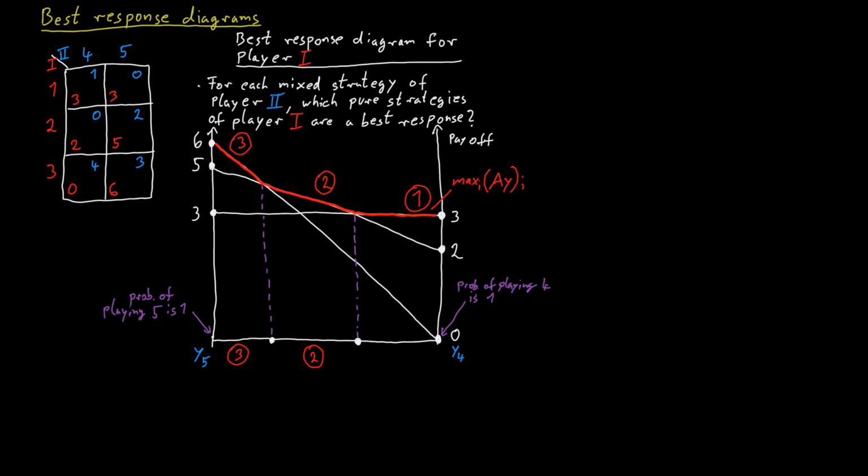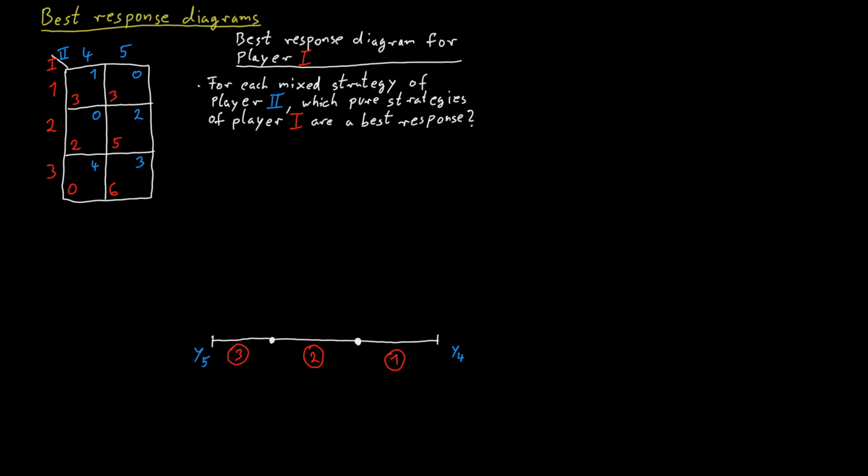And if we are on the right, then the best response is actually to play strategy 1. And we simply write this down. And in fact, what the exact payoffs are and so on will no longer be interesting to us. And so I will just remove this part of the picture. And we are left with what is basically the start of the best response diagram for this player.